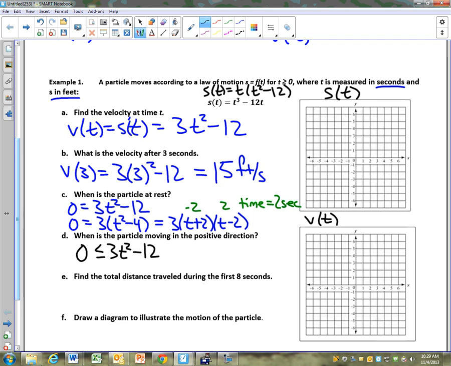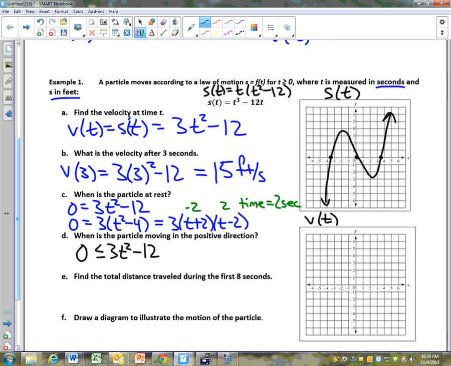So you know that the function crosses through 0, and if you solve this, you would get positive or negative square root of 12, which is about 3.5 and negative 3.5, right in there. So I'm just going to give you an idea. This graph looks approximately like this. That's approximately what the position function looks like.